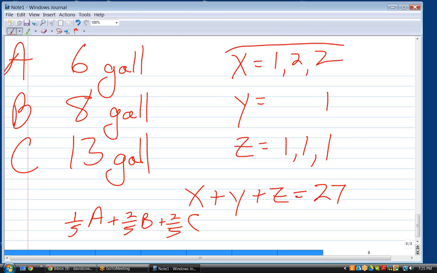Well, if I had 5 gallons of X, 1/5 of that, or 1 gallon, would be chemical A, 2 gallons would be chemical B, and 2 gallons would be C.